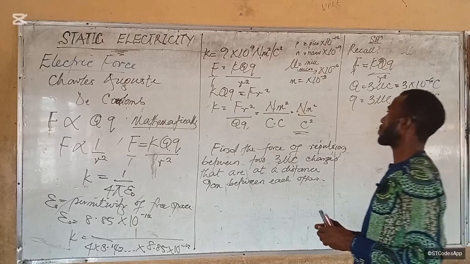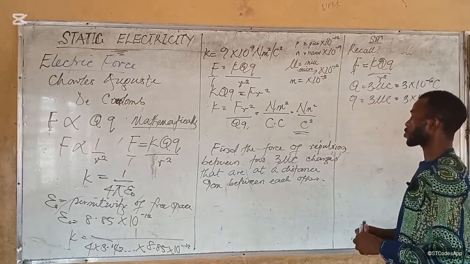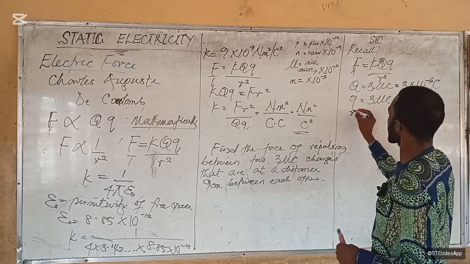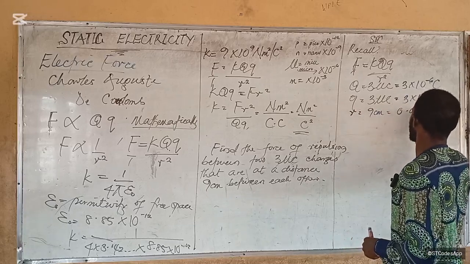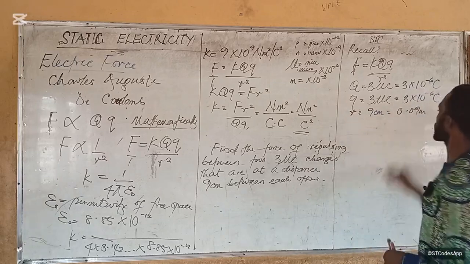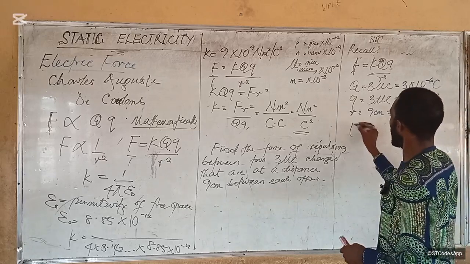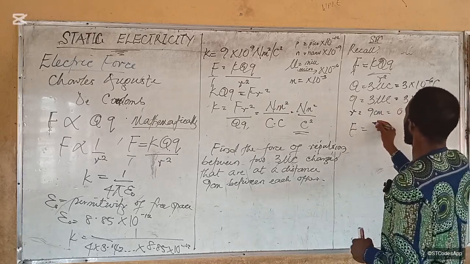Now, I said they are placed at a distance of 9 centimeters between each other. Recall that the unit of distance is meter. So here, the distance r will be equal to 9 centimeters, which is 0.09 meters. So F will be equal to K. What is our K?